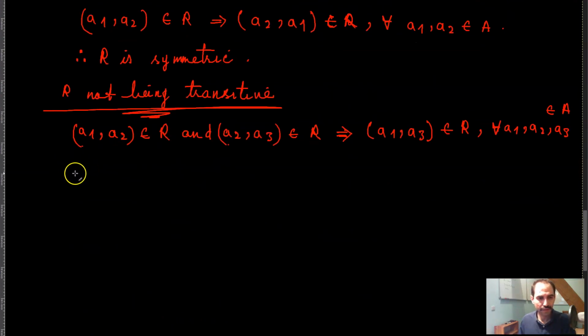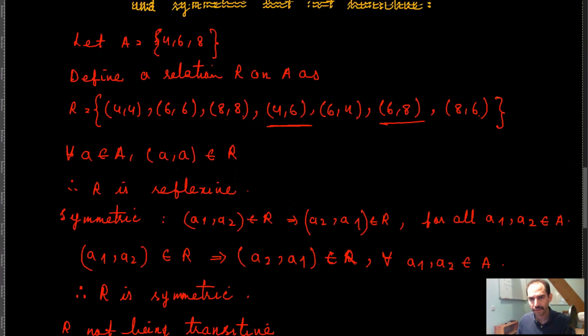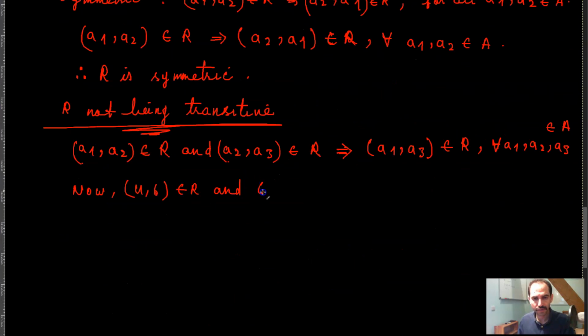So basically you know that (4, 6) belongs to R, and also (6, 8) belongs to R, but (4, 8) does not belong to R, and therefore R is not transitive.